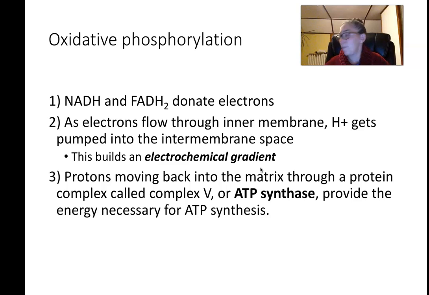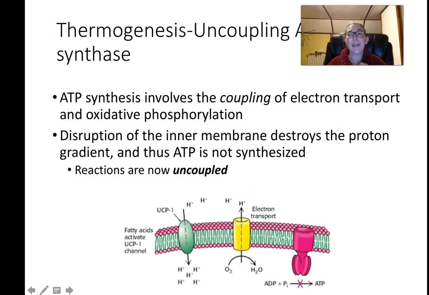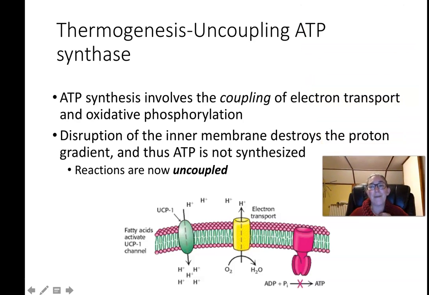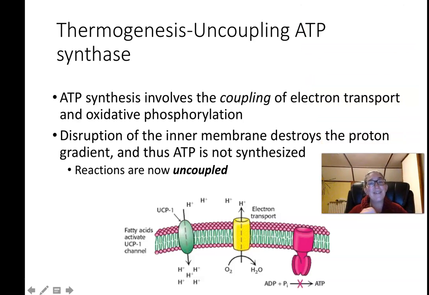And then when those protons move back into the matrix through that final protein complex 5, the ATP synthase, that coupling of the oxidation reaction fuels the phosphorylation reaction. So we can uncouple those reactions by preventing that buildup of that gradient.